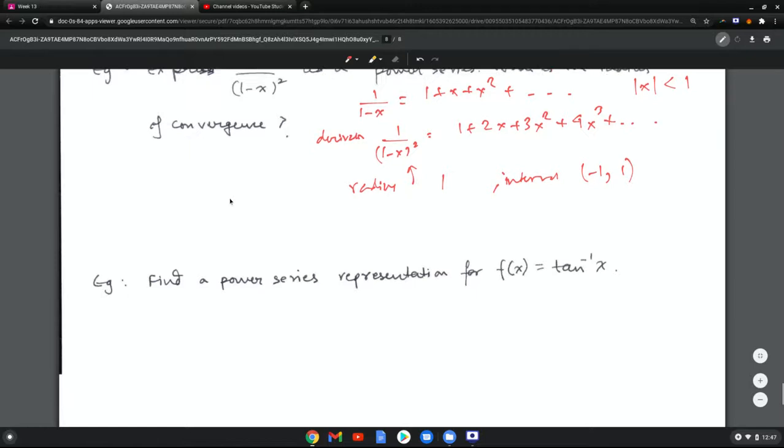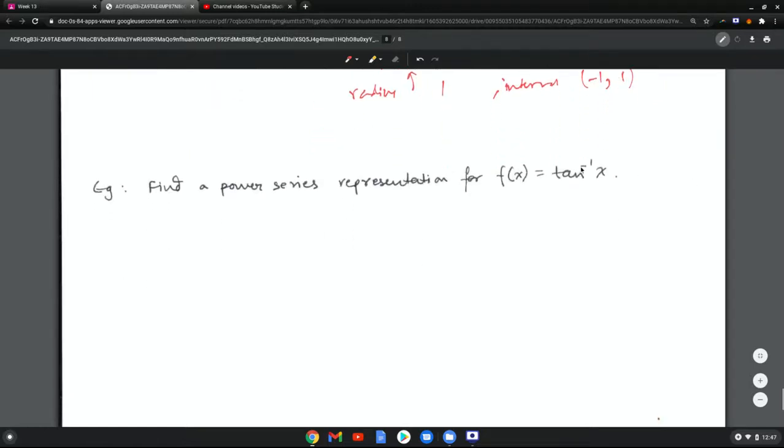Okay, let's look at another example. Find a power series representation for tan inverse x. Now we have to be very, very creative about this. So the motivation is, how do I get tan inverse x from this expression?